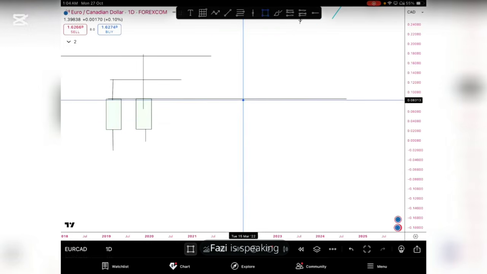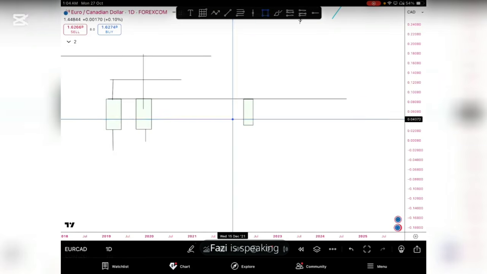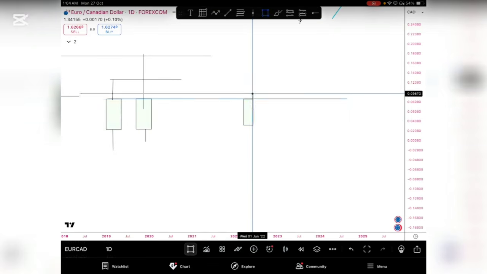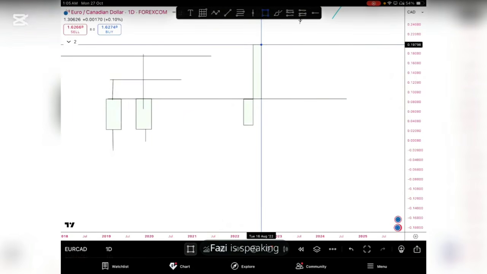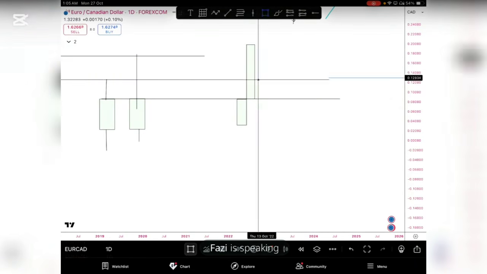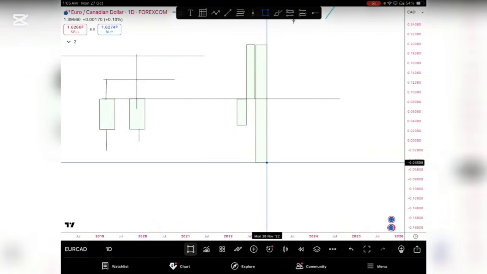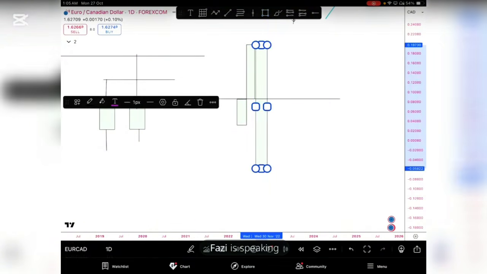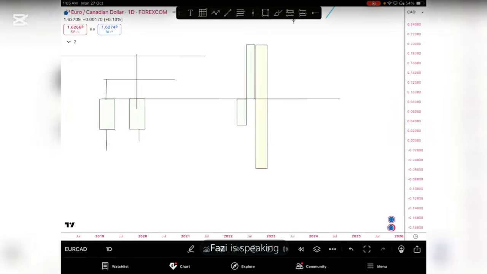When you get into the H2 level, what does the price do? The price creates some bullish candles like this. Then after that, it will create like this. Understand what I'm saying? It creates the bearish candle.